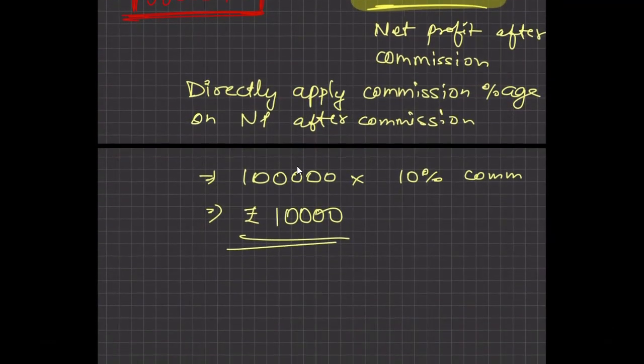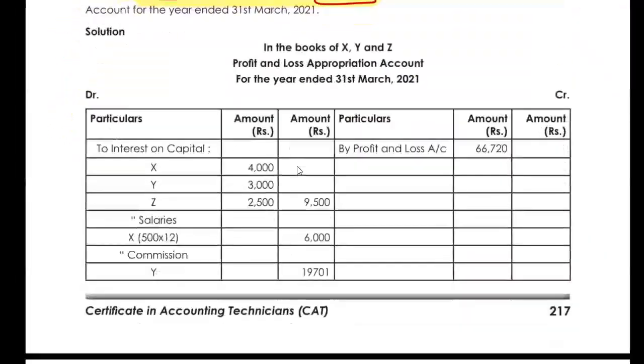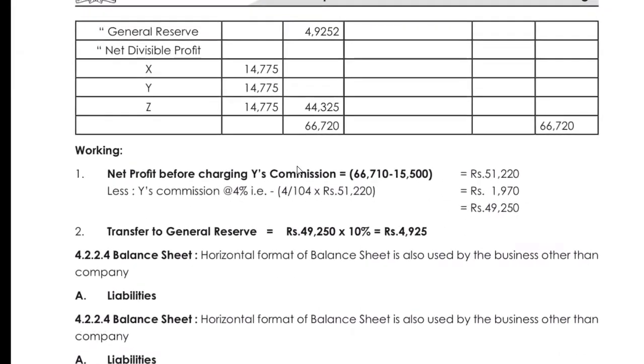So in our example, coming back here, we have a calculation. This was the profit which was remaining, 51,220, before charging Y commission. Now you have to calculate the net profit after charging such commission. What was the rate of the commission?